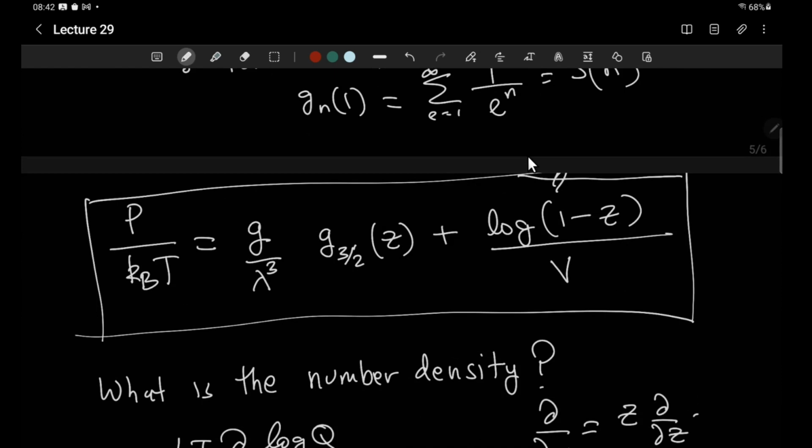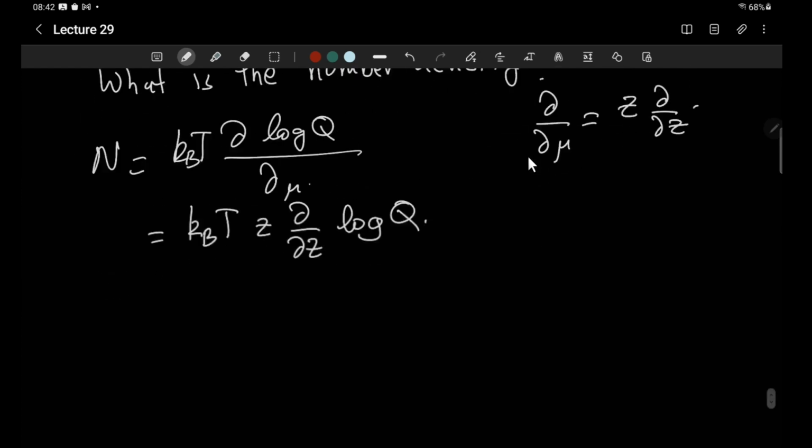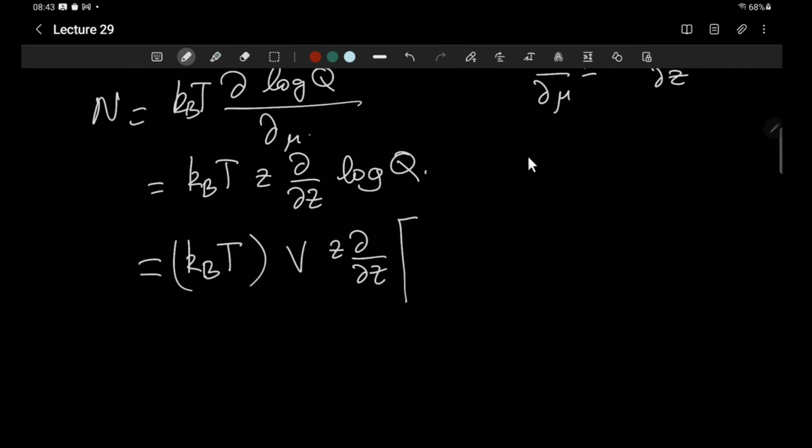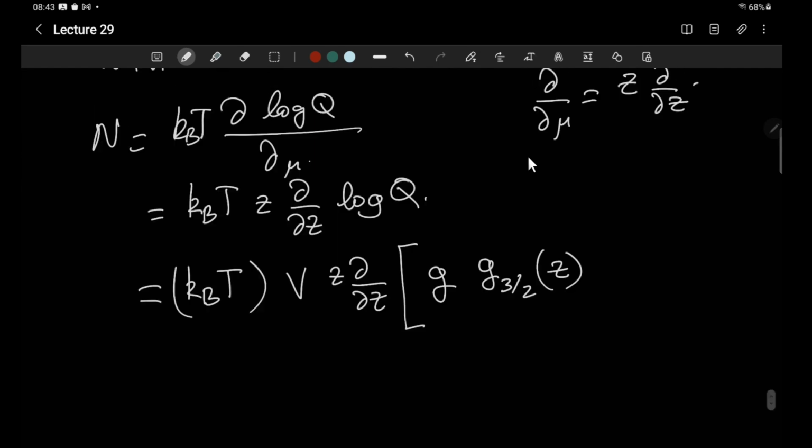This is equal to V times 1 by V times log Q. I forgot something.